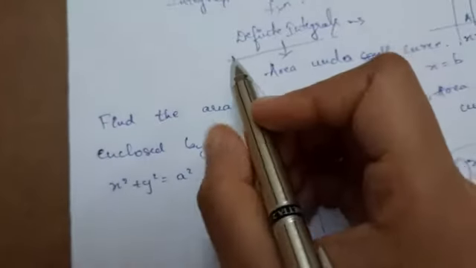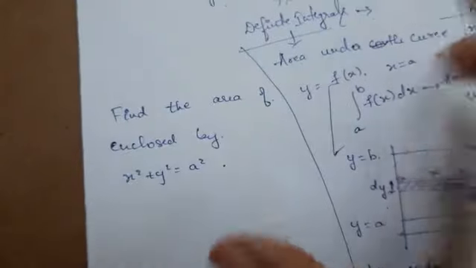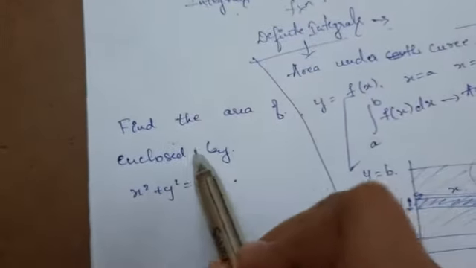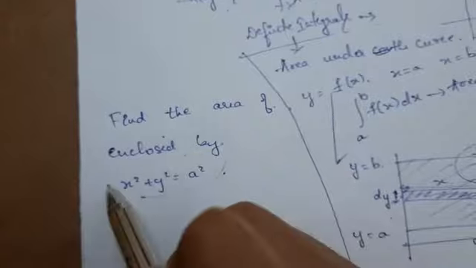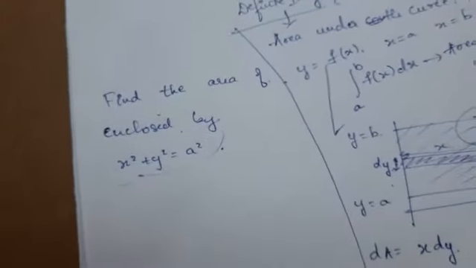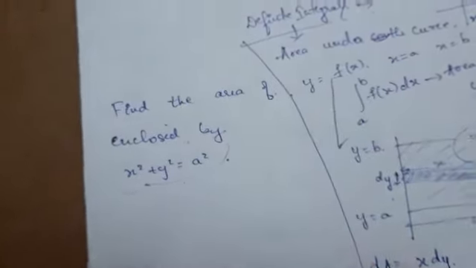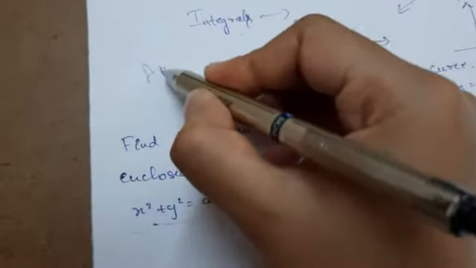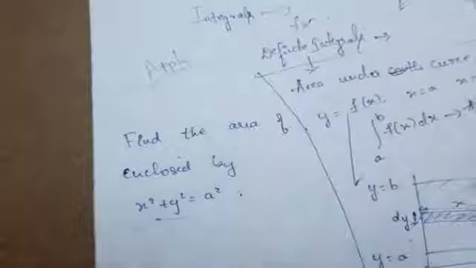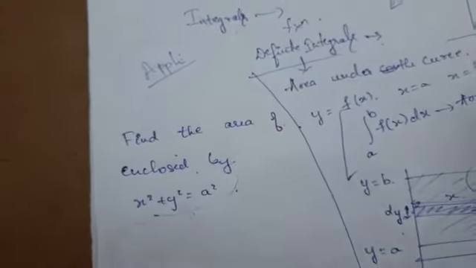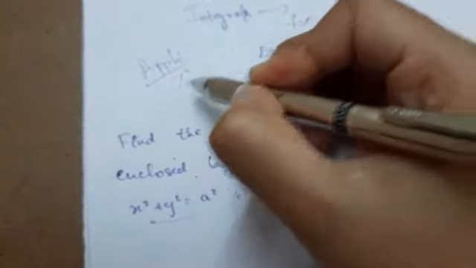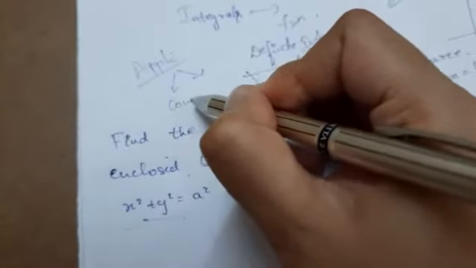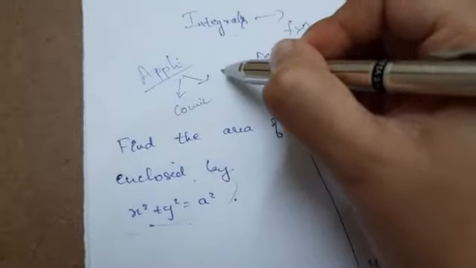Under the concept of area under a simple curve, the question might be like: find the area enclosed by the given curve, that is x square plus y square is equal to a square. So they have given the curve. As I said, when it comes to application of integrals, integration remains as it is, but this is directly connected to two concepts: one is conic sections, another is straight lines.